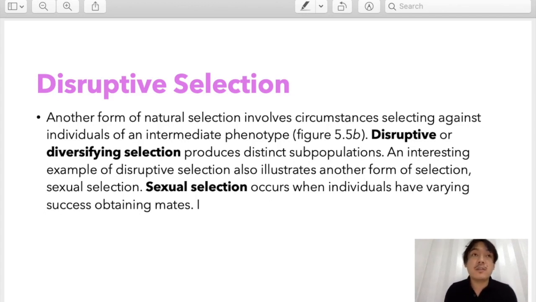Females are choosy with males. For frogs, the louder the frog call, the more the frequency of the male's call might affect the chances of being chosen as a reproductive mate. So in obtaining mates, we have sexual selection, a form of disruptive selection.